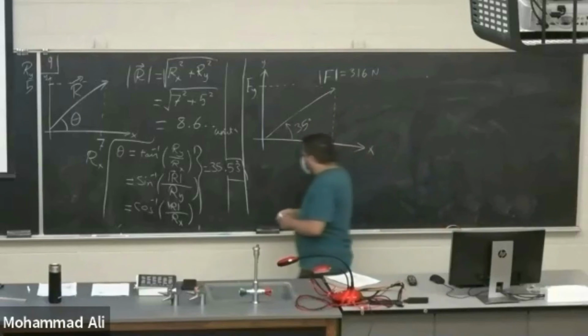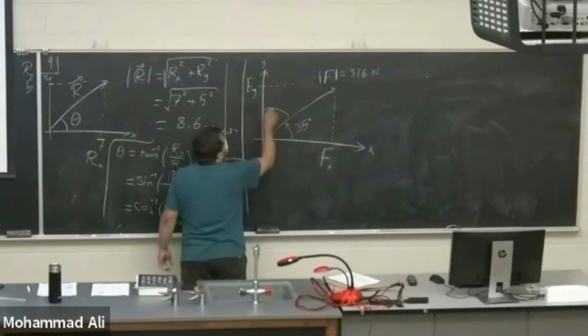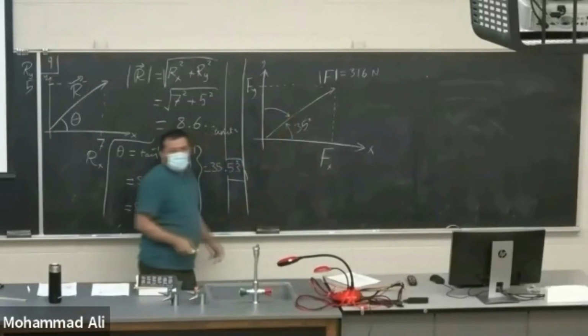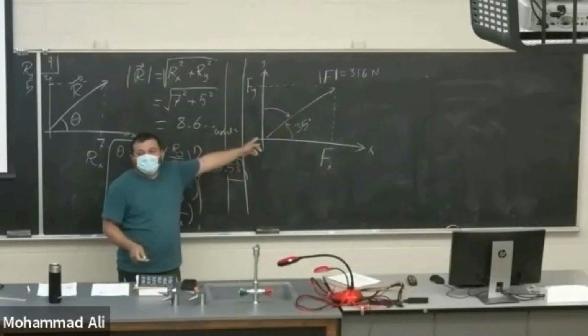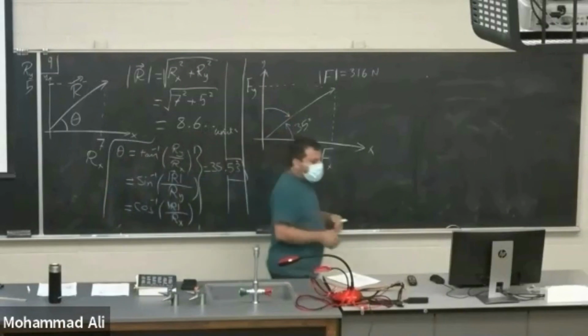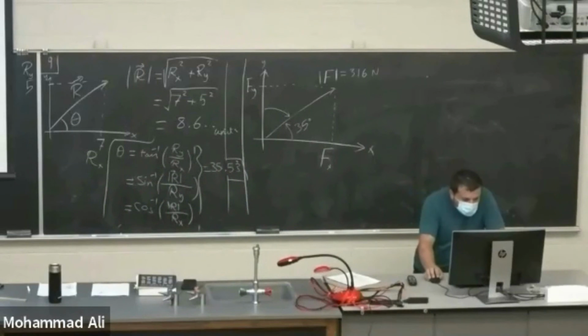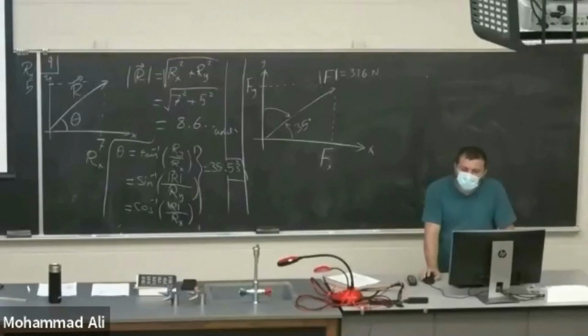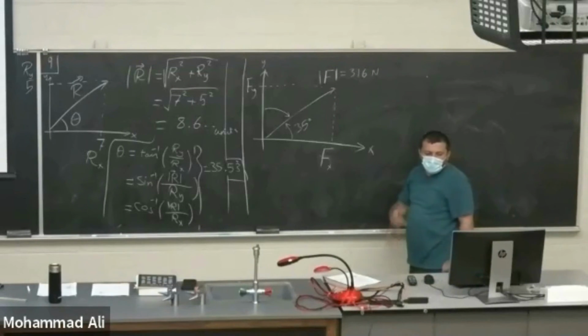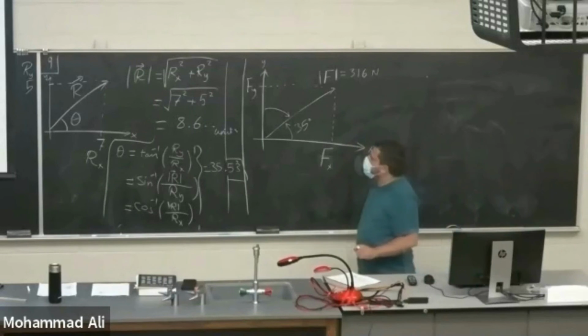Can anybody tell me how much phi is? Who can tell me how much phi is? The chat is here. Also online, you can answer that, even by your voice, or you can write an answer.